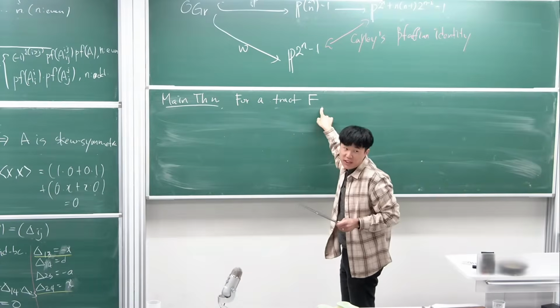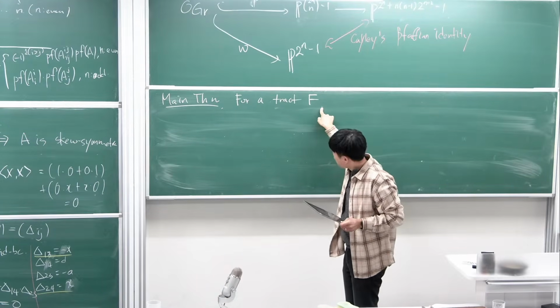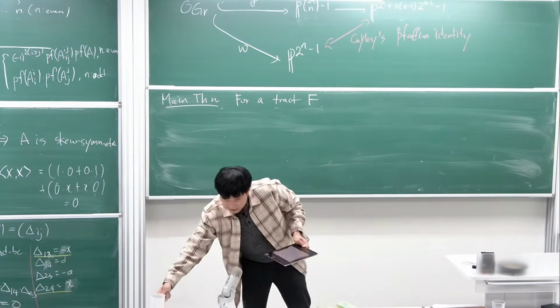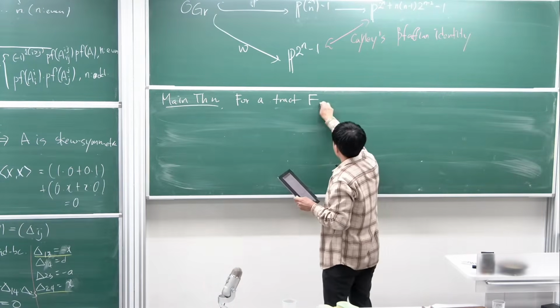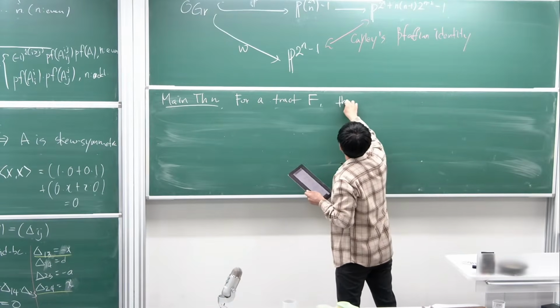I will give you the definition of this a little bit later. But if you already took my talk in the workshop, then you may remember. Okay, I don't believe this is quite complicated, but whatever. Then let's try to explain those.